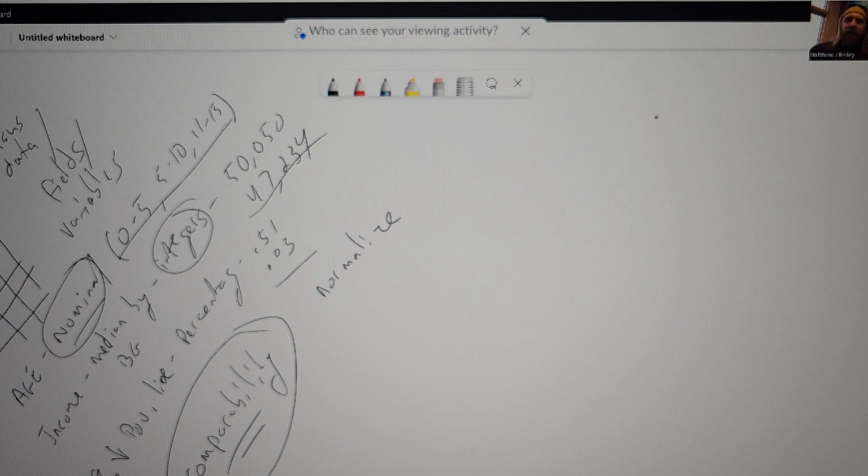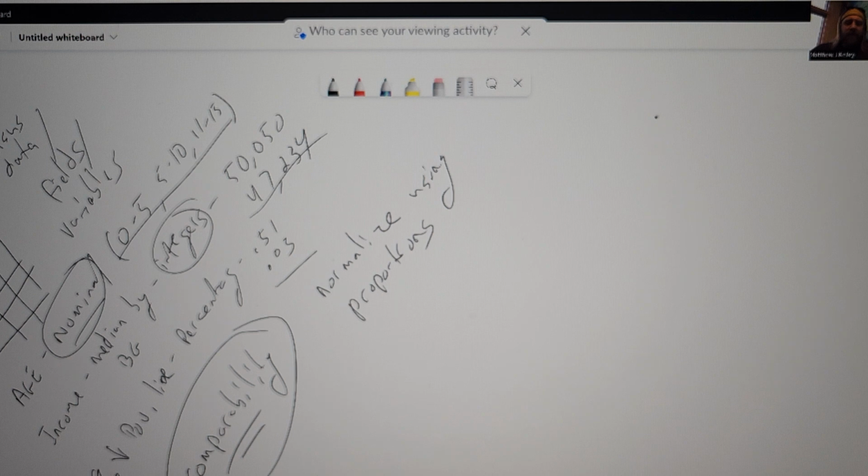We can normalize by converting to proportions. All right, so percentages, those are absolutely comparable. The percent of people that graduated high school with a diploma, the percent of people that drive a car, the percent of people that ate at Burger King last week, those are normalized variables. Okay, so we can normalize using proportions. Generally, we normalize by area or we normalize by total population.